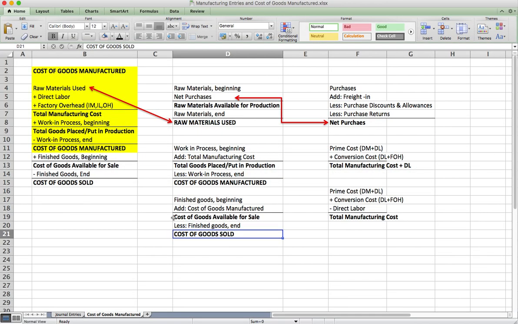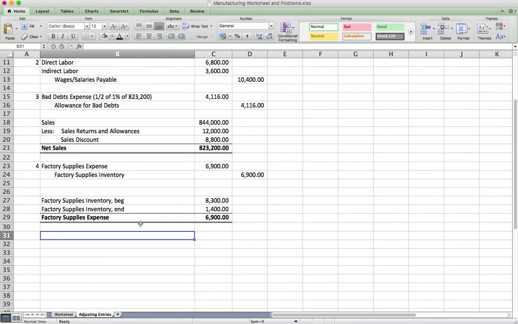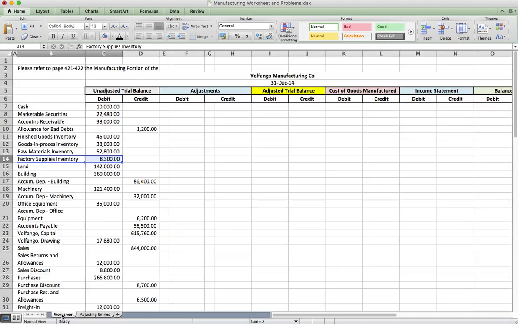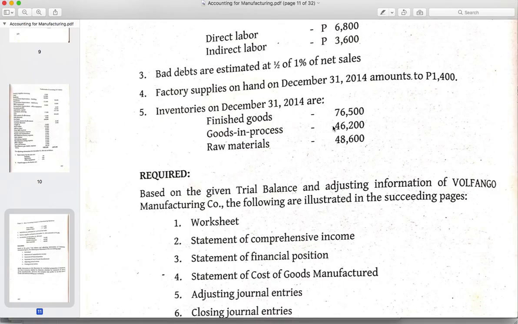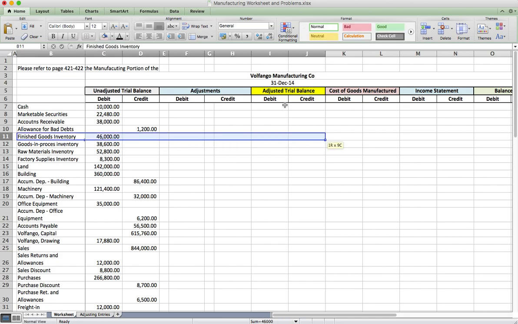Anong gagawin kaya natin? Sige, extend na natin si finished goods para mabilis. Ano daw sabi niya? Para hindi na natin siya malimutan mamaya. Finished goods at the end daw ay 76,500. Pag direct extension method, class, si finished goods yung in-extend mo directly.